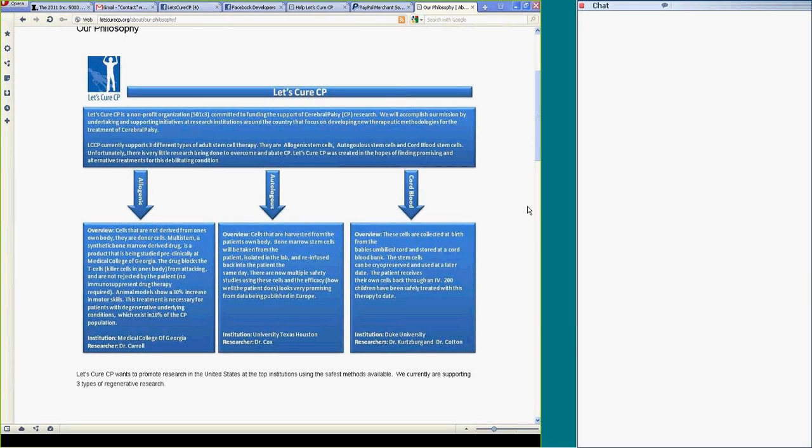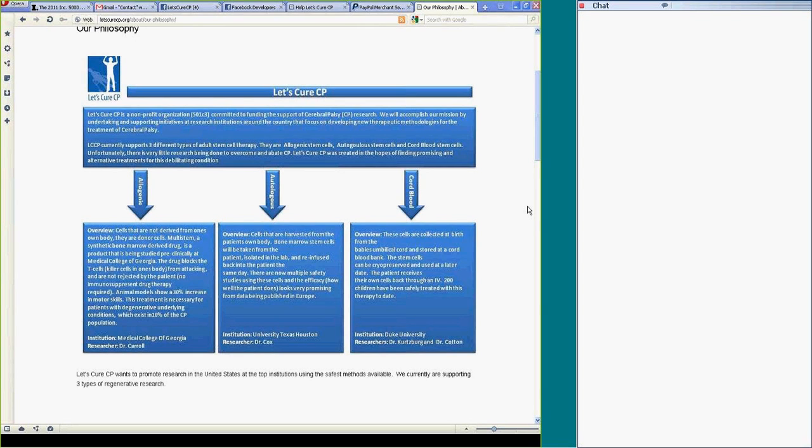The autologous cells, which are in the middle, are cells that are harvested from your own body. So Dr. Baumgartner will harvest these cells out of the cerebral palsy patient's own hip bone, then process the stem cells and re-administer those cells directly back into the patient through a simple IV.